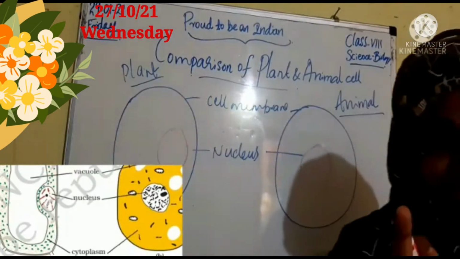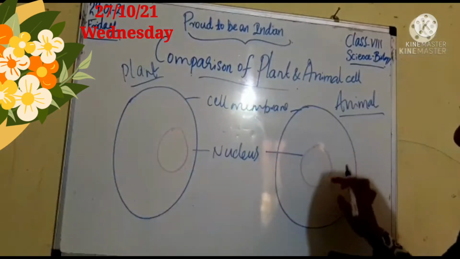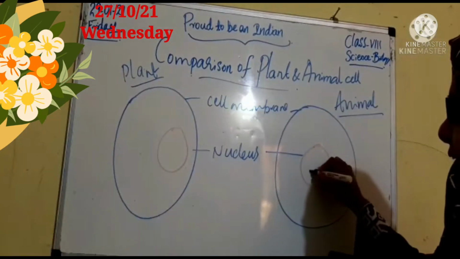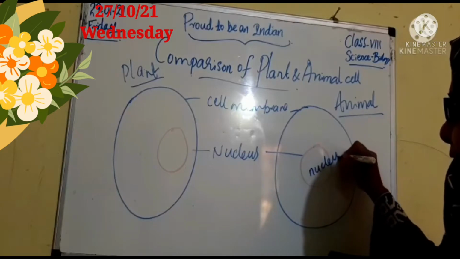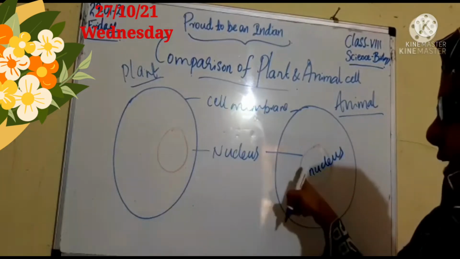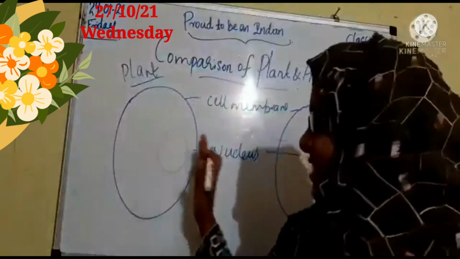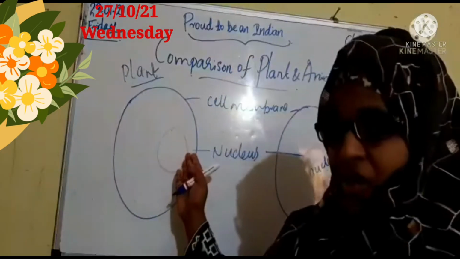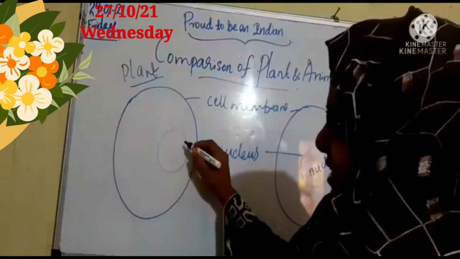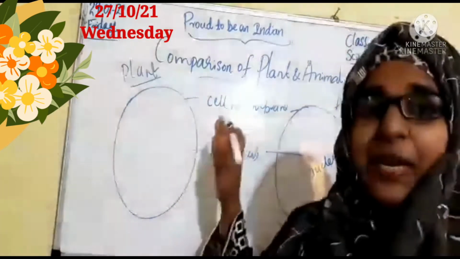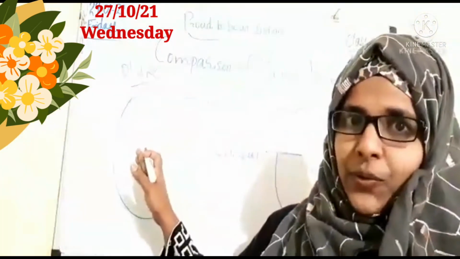In animal cell, the nucleus is at the center part. Okay, the nucleus is at the center part in the animal cell. This is the nucleus. But in plant cell, the nucleus is at the side of the cell. Look at the picture, we can see it. The nucleus is at the side of the cell in the plant cell. That is one difference.